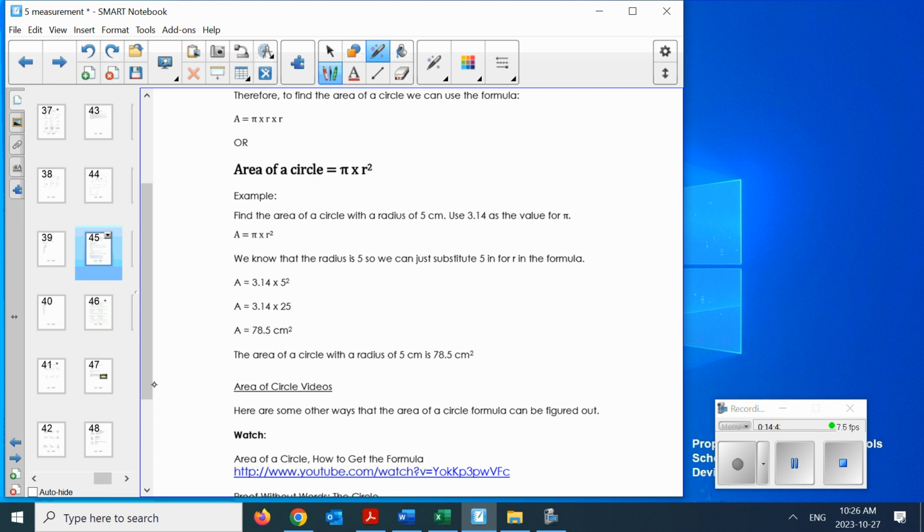Now I'm going to just draw a circle here. Then I'll draw the circle. What it's telling me is that the distance from the middle to the edge, the radius, is 5.